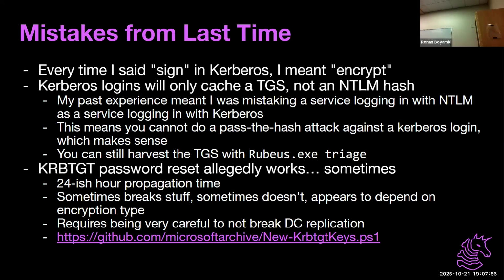I set up a driver exploit to dump LSASS, and every time somebody logged in, it would only cache their Kerberos TGS, which completely makes sense theoretically. I was mistaken due to having a couple of domains that were set up weirdly. When somebody logs into a box with a Kerberos TGS and you dump it, all you will get is the TGS. They need an NTLM login to dump the NTLM hash, which I think makes sense.